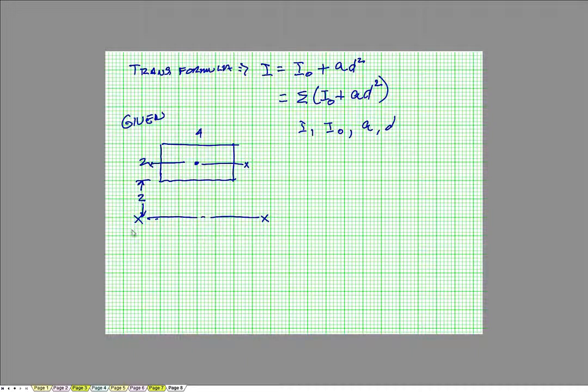So I'm given this part. I'm going to find the moment of inertia. I'll even put some primes on there so that we can see that those are prime x's down below.